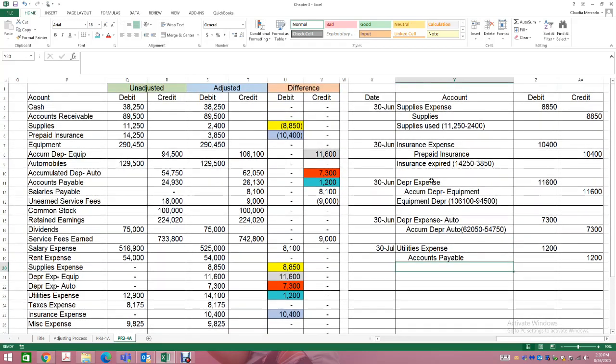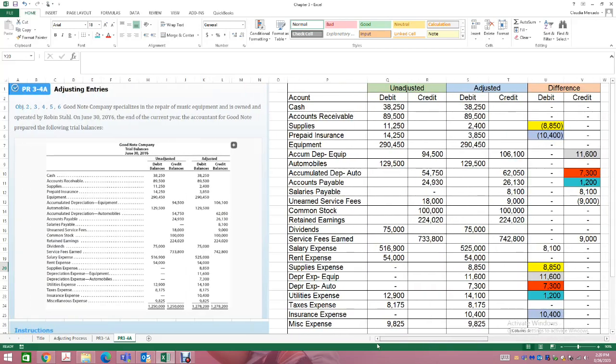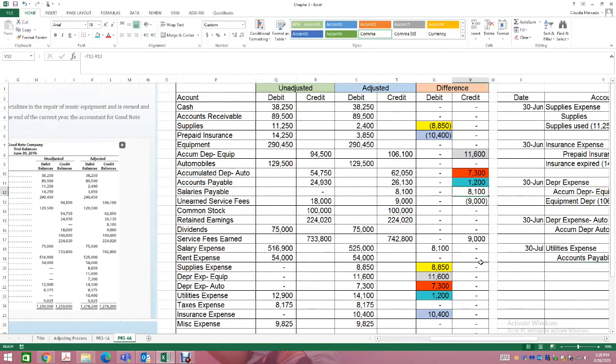The next entry we have is this $8,100 for salaries payable, and the offset is going to be your salary expense. These are salaries that have been earned but not paid.